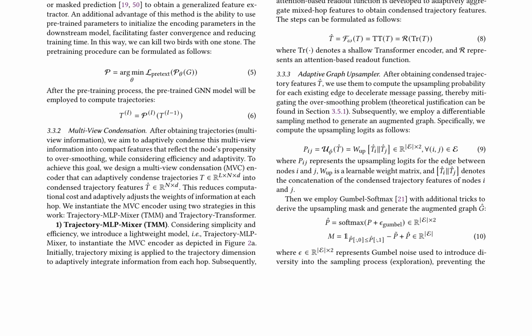The adaptive graph upsampler computes upsampling probabilities for each existing edge to decelerate message passing and mitigate oversmoothing. The augmented graph is generated using a differentiable sampling method. The paper concludes by outlining the pipeline of UniGAP and its potential applications in mitigating oversmoothing in graph neural networks.